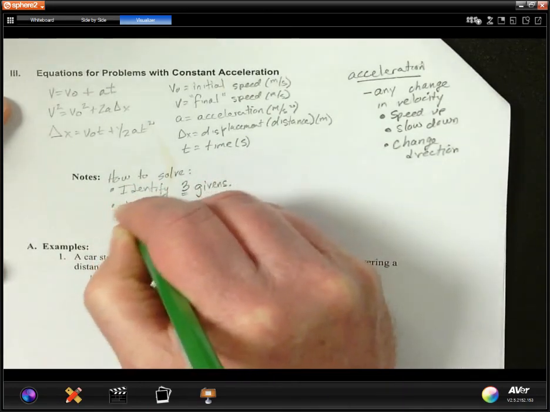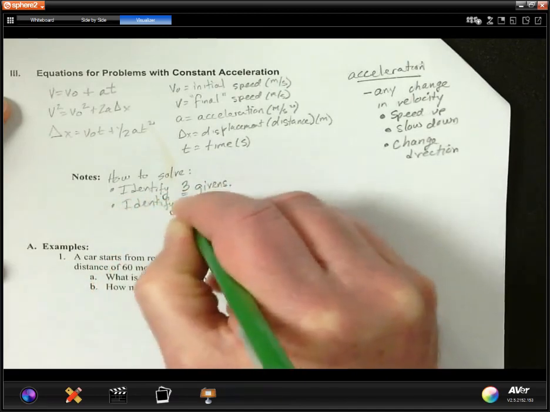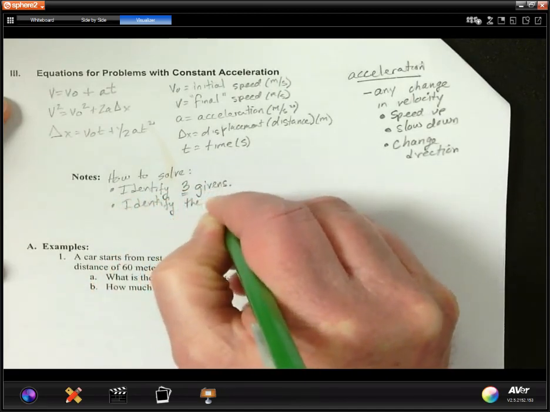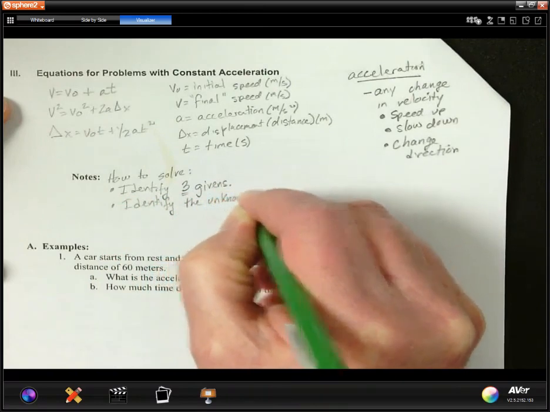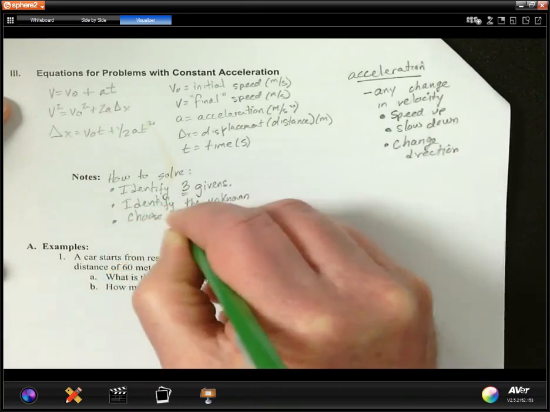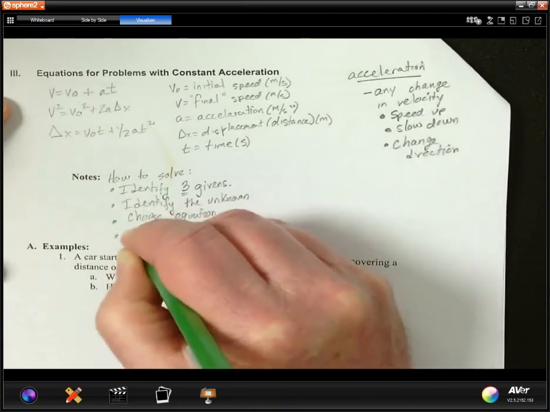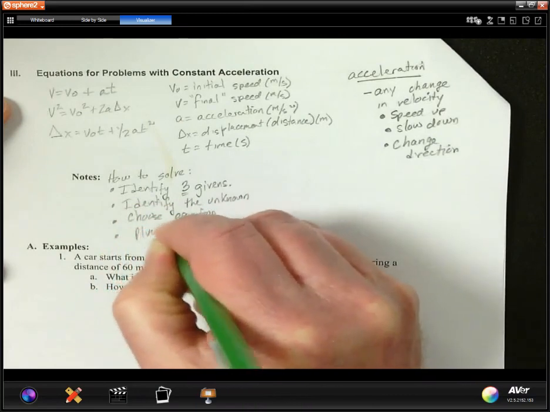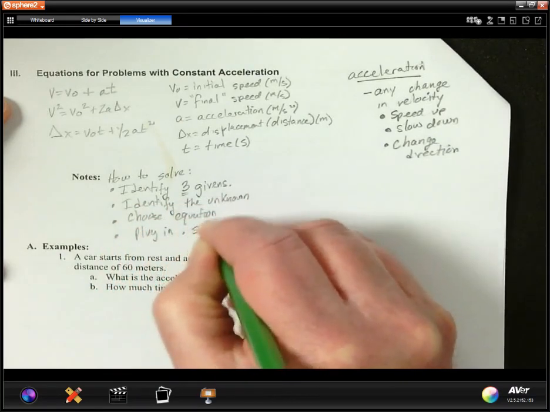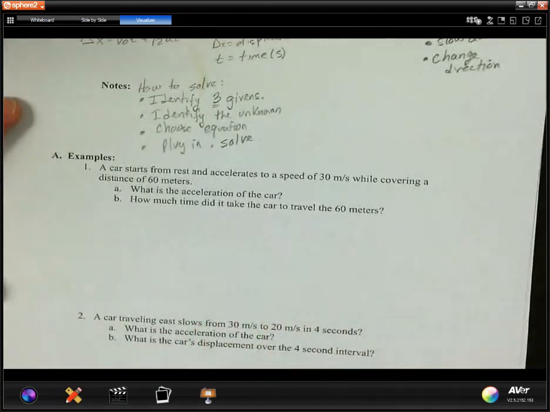And then identify your unknown, what you're looking for. Then choose an equation. And then plug in and solve. Okay. So we're going to do some examples.